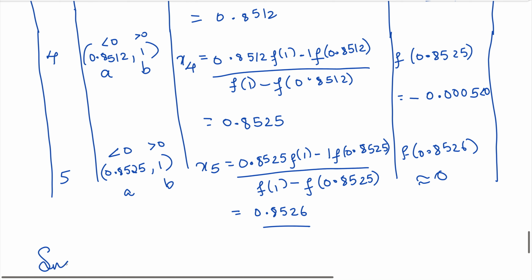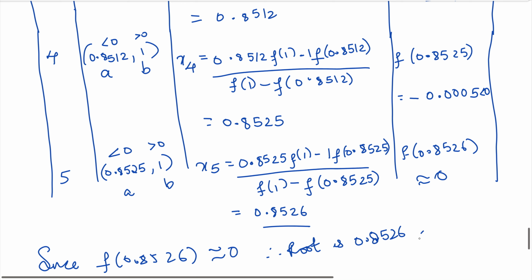Since f of 0.8526 is approximately giving us 0, the root is 0.8526, correcting to 4 decimals.